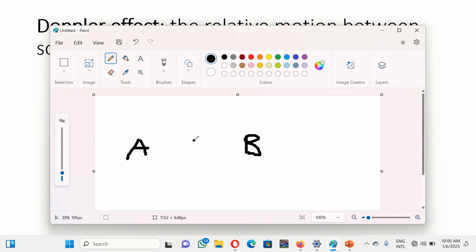If there is a sound or let's say a noise in the middle here, you realize that A might say that this sound is too low. B might also say that this is too high.